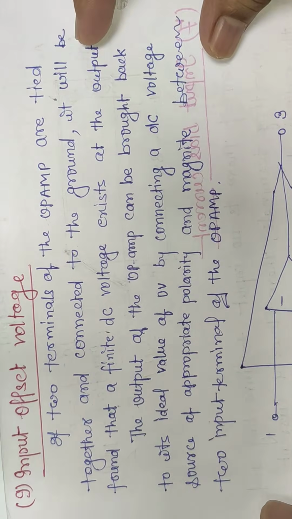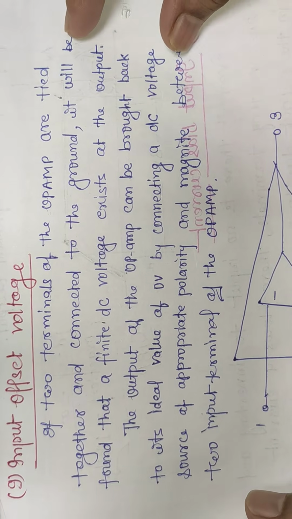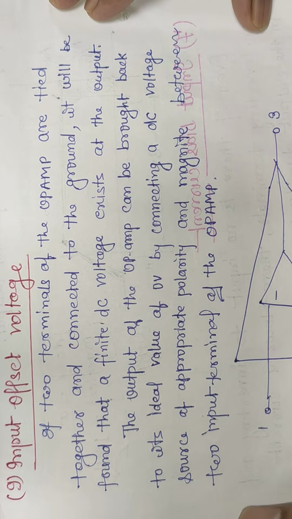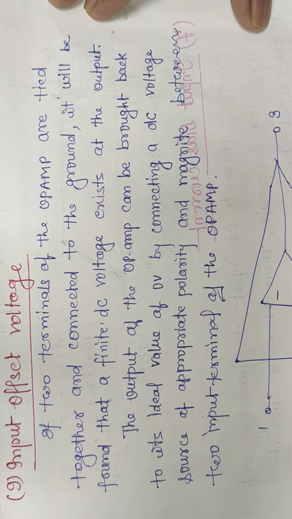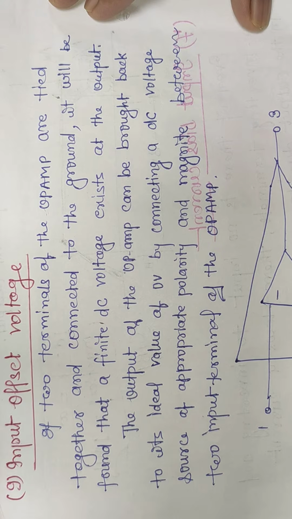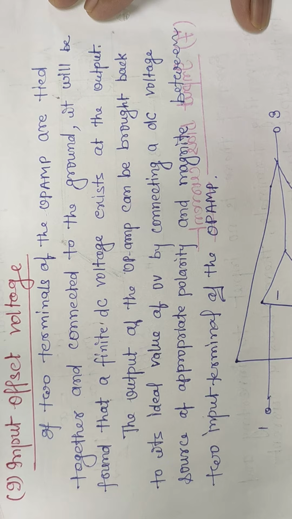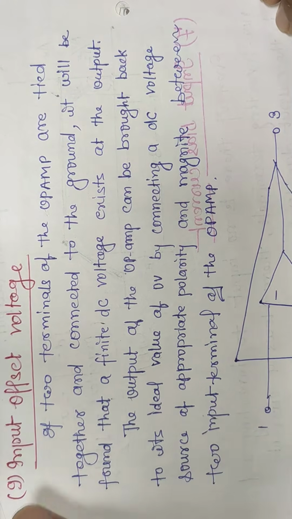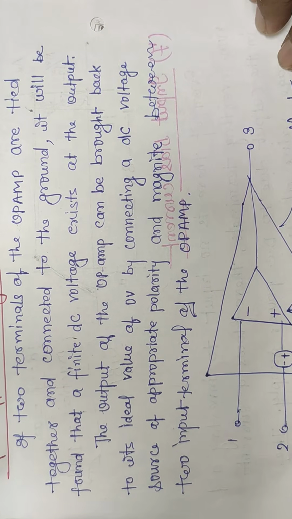As you have seen, input offset current is the additional current required to make output 0. Because if you apply additional current in whichever terminal is lower, then automatically output will become 0 because difference will become 0. So that is input offset current. Now in input offset voltage, what is the definition?